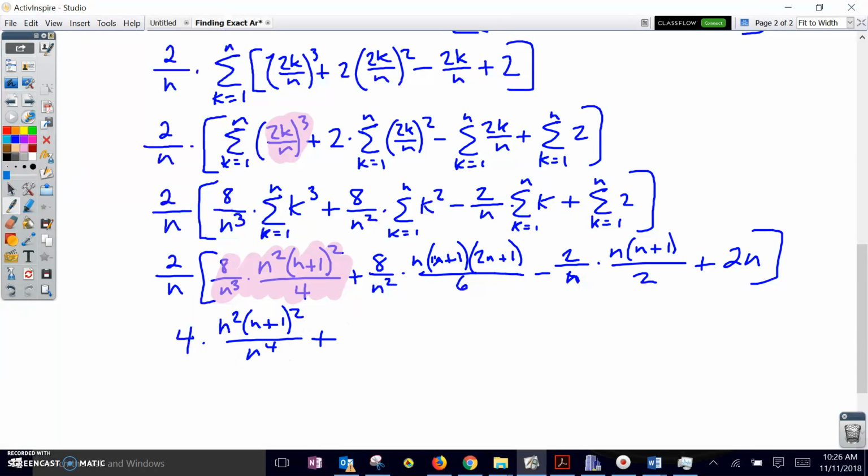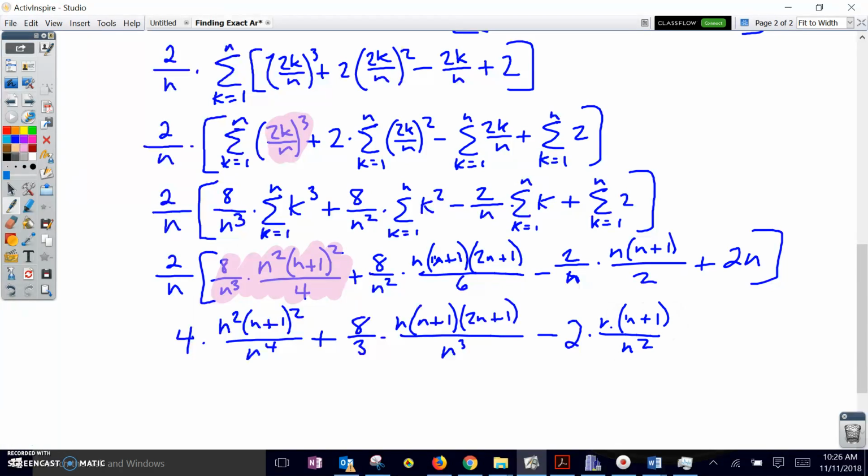And I distribute it through, and that gives me 16 over 6, which is 8/3 times n plus 1 times 2n plus 1 all over n to the 3rd, minus, let's see, 4 over 2, that's 2, times n plus 1 all over n squared, and plus 4. And now I want to take the limit of this whole thing as n approaches infinity.